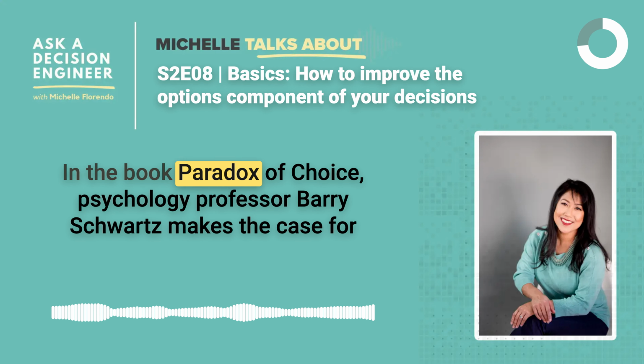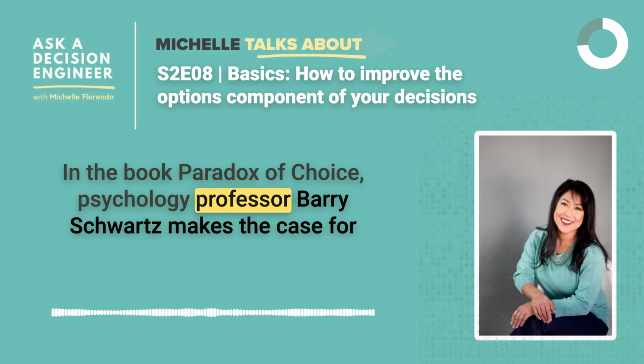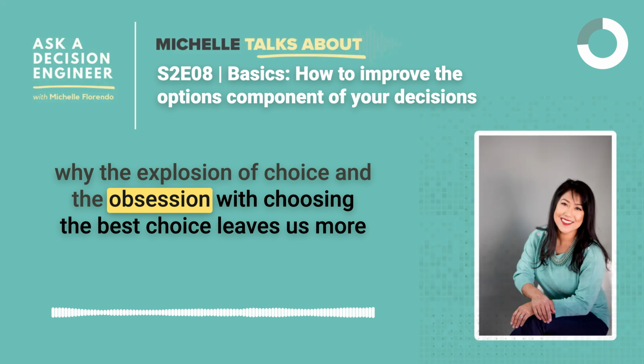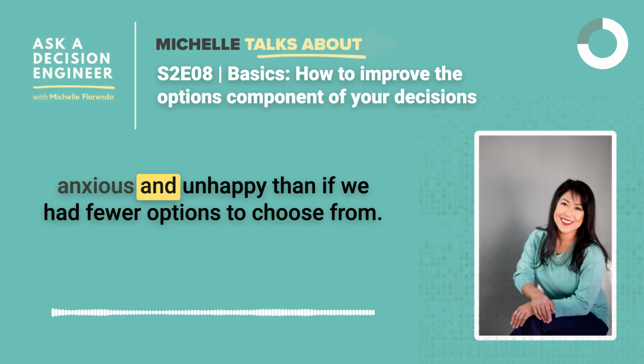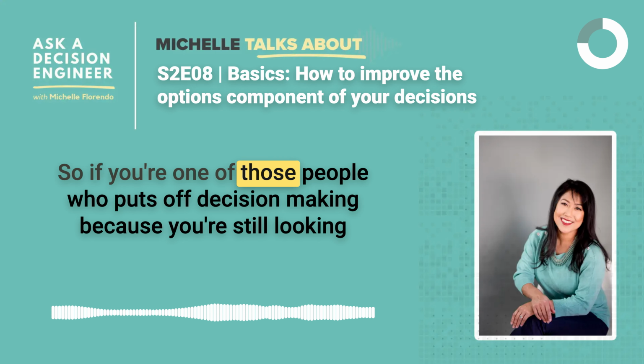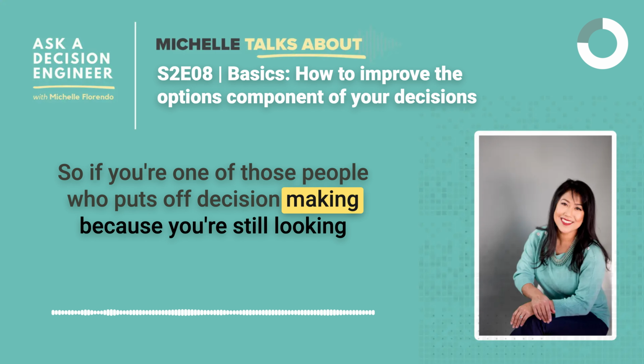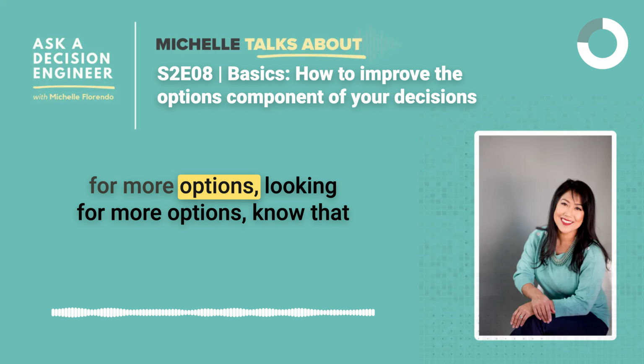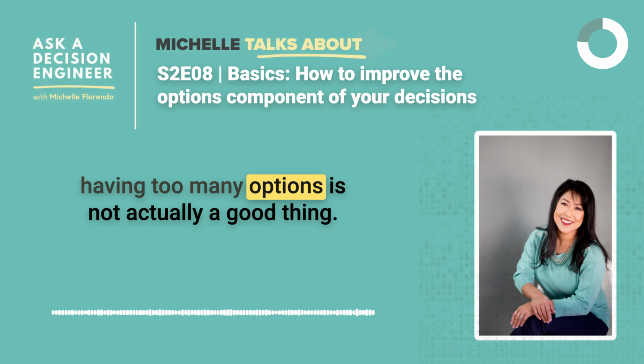In the book Paradox of Choice, psychology professor Barry Schwartz makes the case for why the explosion of choice and the obsession with choosing the best choice leaves us more anxious and unhappy than if we had fewer options to choose from. So if you're one of those people who puts off decision-making because you're still looking for more options, know that having too many options is not actually a good thing.